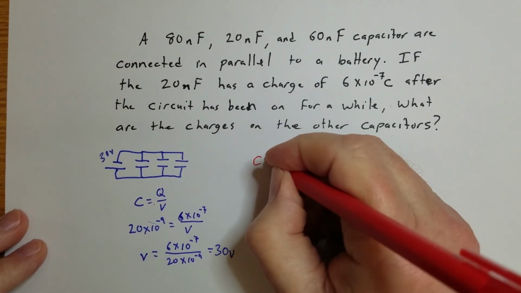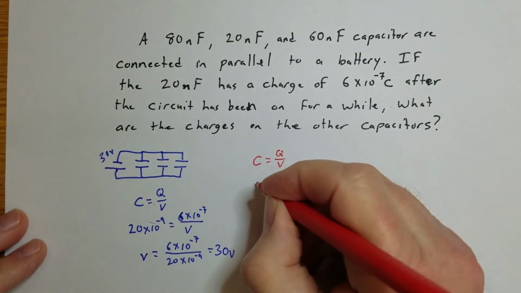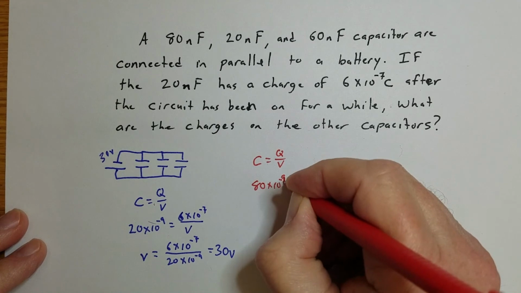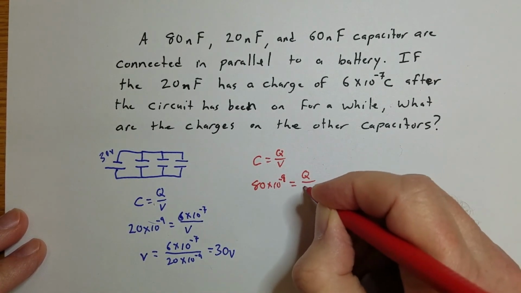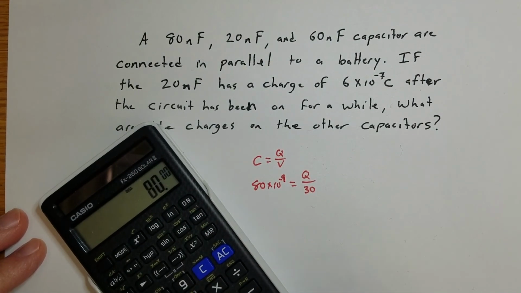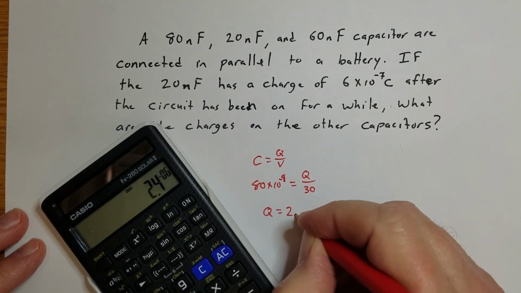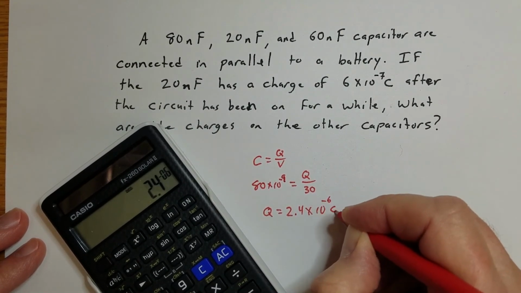So C equals Q over V for the 80 times 10 to the minus 9 equals Q, we don't know, but we do know the voltage now is 30. So 80 times 10 to the minus 9 times 30. This one has a charge of 2.4 times 10 to the minus 6 coulombs.